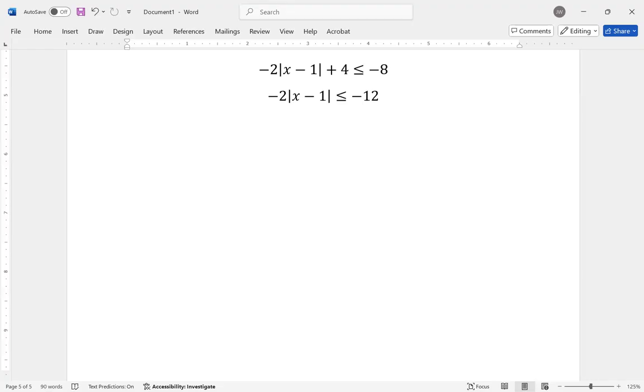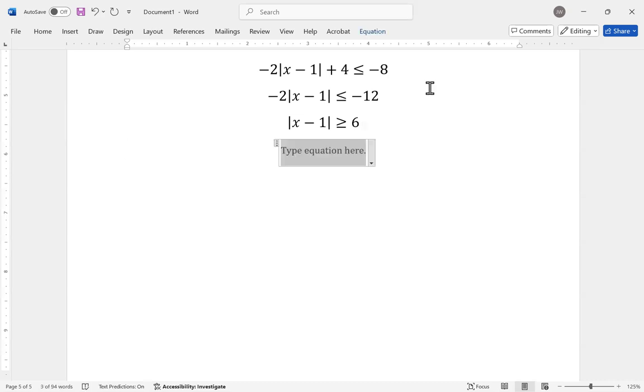Then I would divide by a -2. Now be careful, when you multiply or divide both sides by a negative, the sign has to flip. So we get absolute value of x minus 1 is greater than or equal to a +6. Again, I had to flip the sign because I divided both sides by -2.